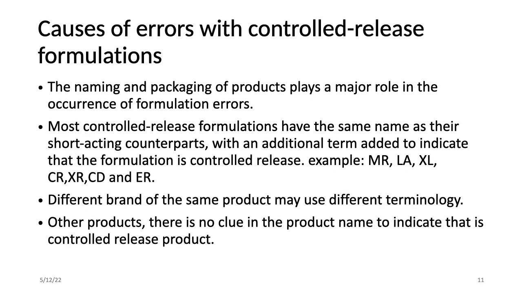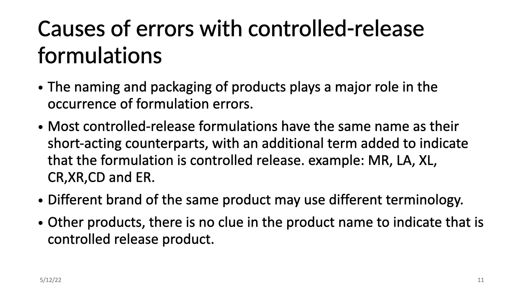One source of confusion is that the naming and packaging of the product play a major role in the occurrence of formulation error. Most control release formulations have the same name as their short-acting counterpart, with some letters or suffix added at the end, like XL, MR, LA, CR, and there is no consistency. This is a source of confusion. Many providers are not aware of these letters indicating long-acting or sustained release.